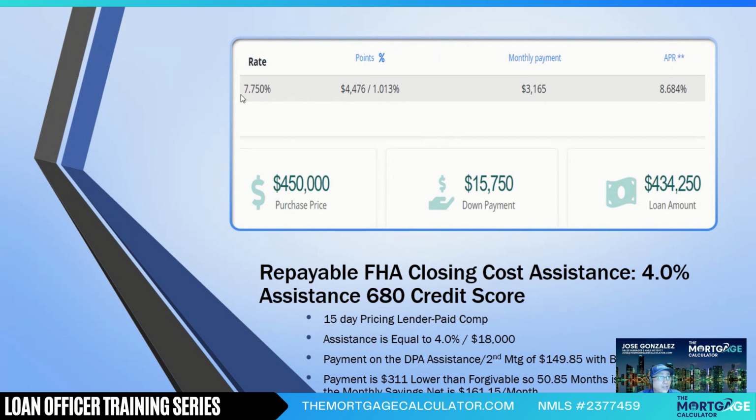So here we are, 7.75% with a cost of 1.013. And again, this one is offered in a 3%, 4%, 5%, 6%. Obviously, the higher the percent, the more expensive the loan, to the point that it becomes almost fully borrower paid.